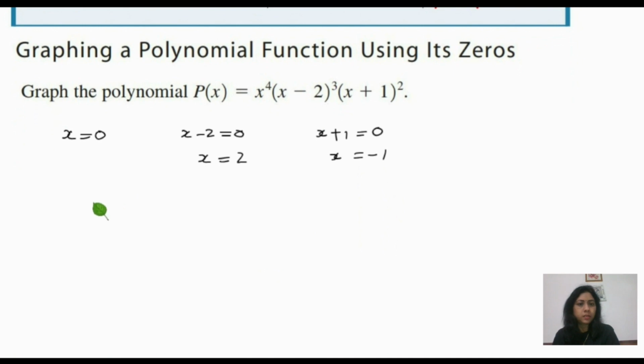Now we can write them in ascending order. First the smallest number, minus 1, then 0, and then 2. So these are the zeros, or we can say x-intercepts of the graph.